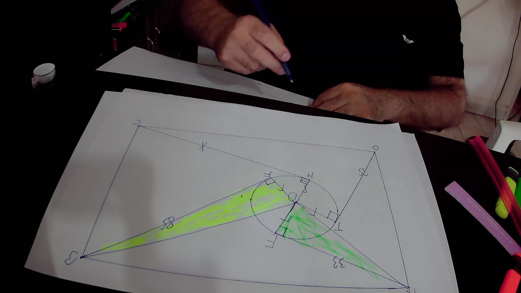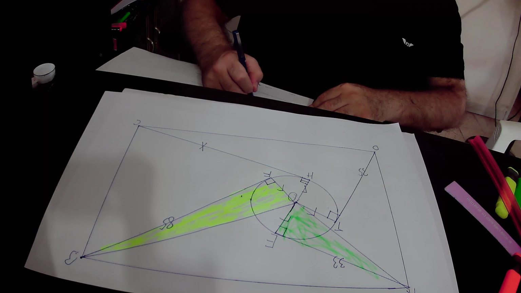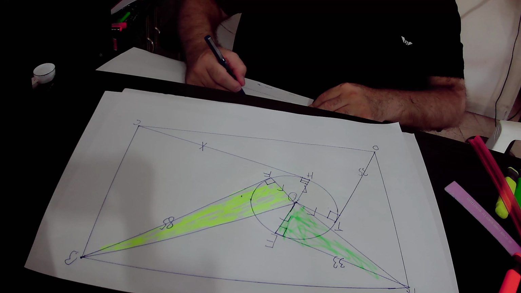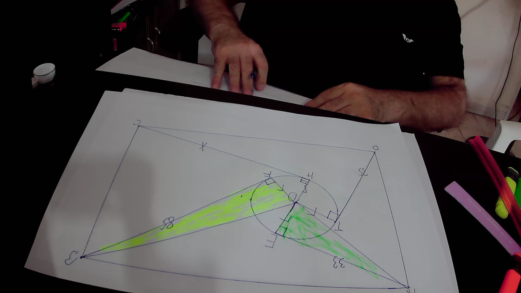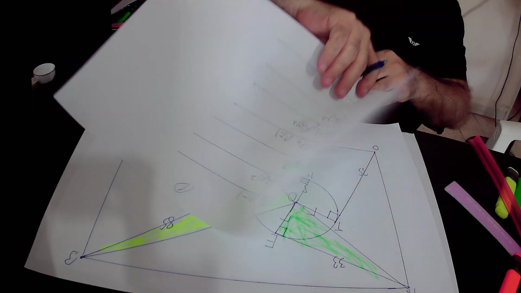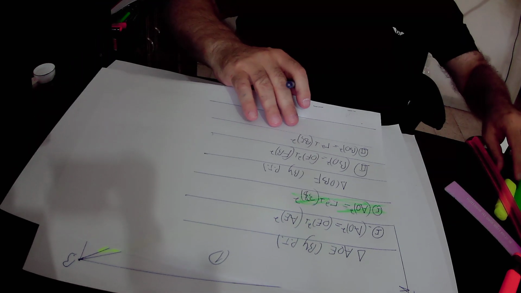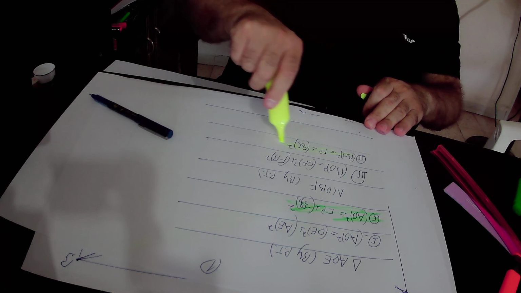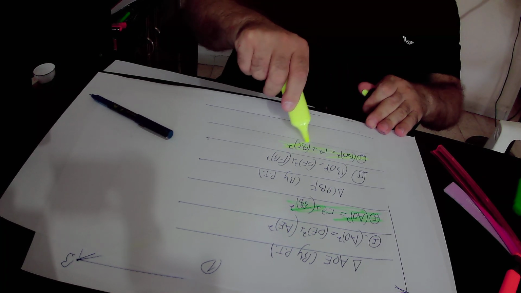OF is R, so OF square is R square, plus FV square. FV equals 85, therefore FV square is 85 square. So I found that according to equation number 2, BO square equals R square plus 85 square.